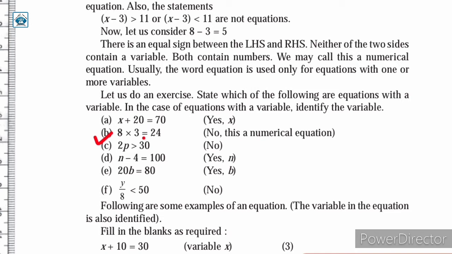Here we have the equal to sign, but we do not have a variable. So the answer is no, this is a numerical equation. In the similar manner, for 2p greater than 30, we do not have a symbol of equality. Here we have the symbol of greater than. So no, this is not an equation.